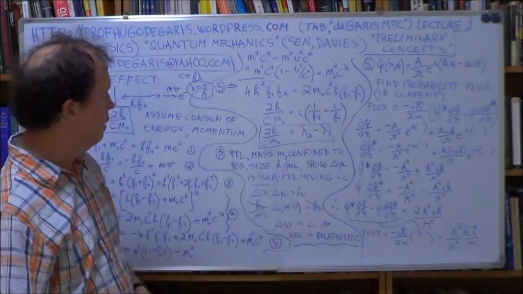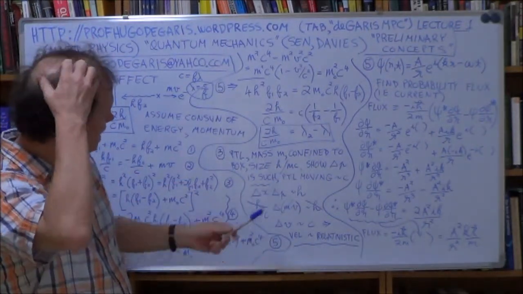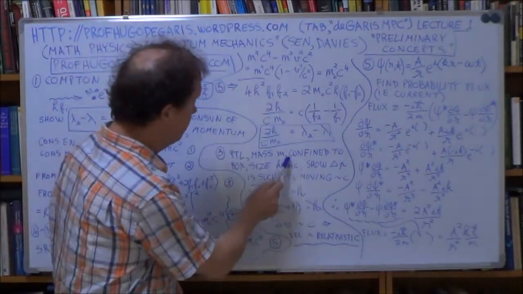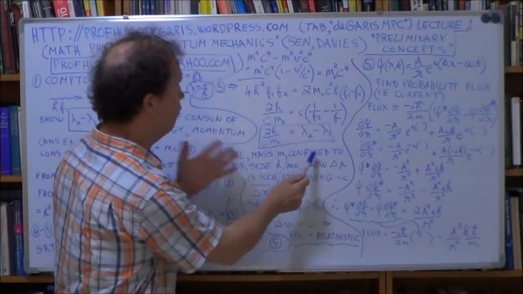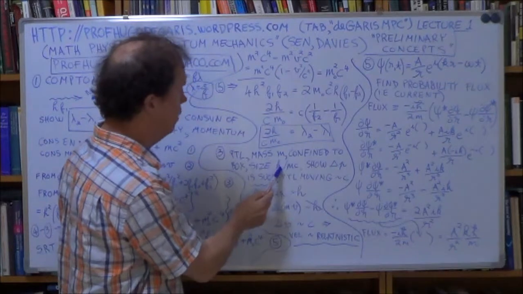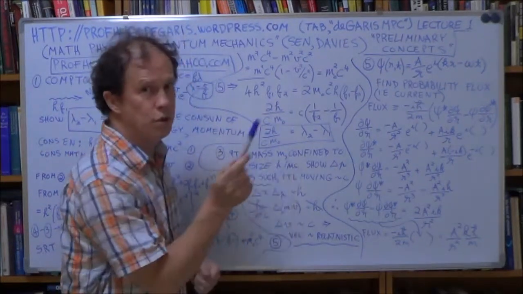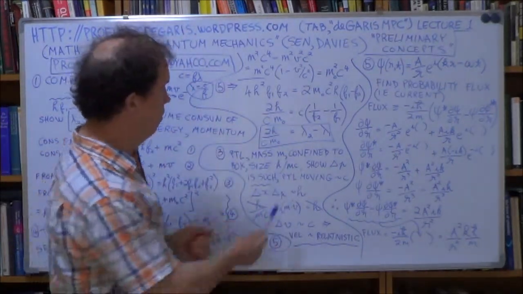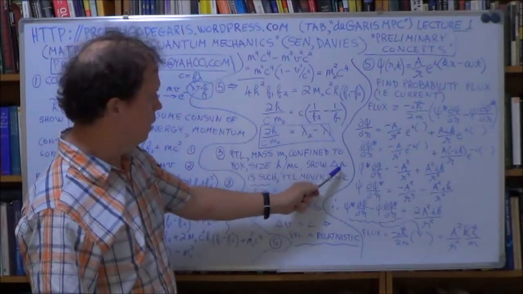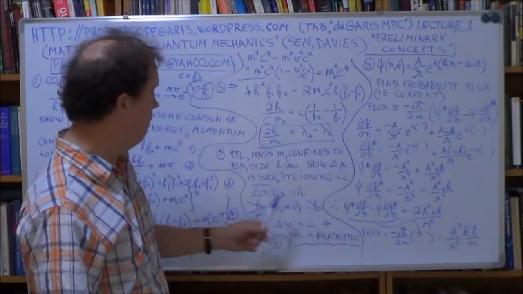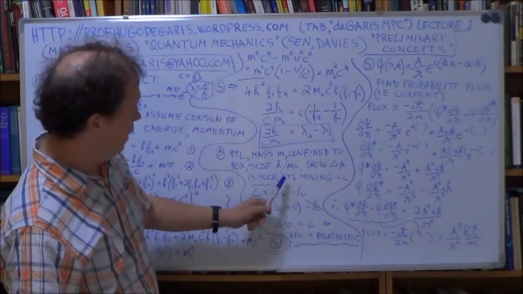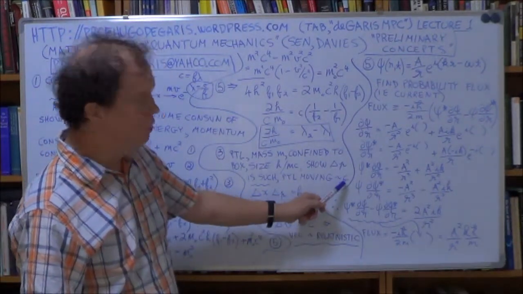So that means that you have an uncertainty in the position, the delta x, that will be of this size. It's confined to the box, and the size of the box is h over mc. So that is your delta x, the uncertainty in the position. And you're asked to show that the particle is moving pretty well relativistically.